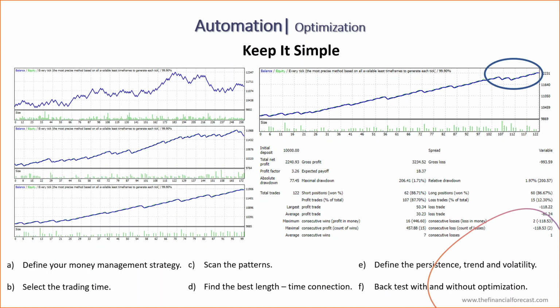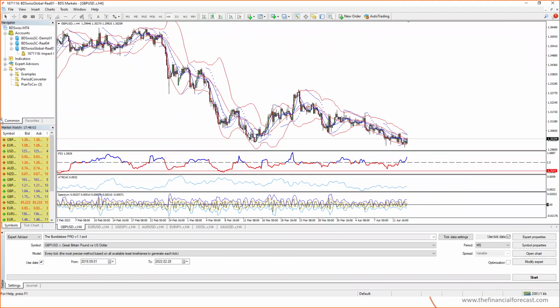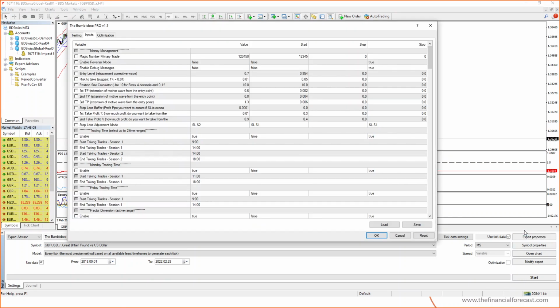So I will show you how it looks in MT4. I can go here to, okay, I have it here. Expert properties. So I have all these different levers to work my money management strategy, the enter, the exit.